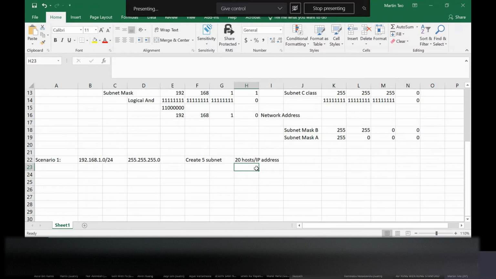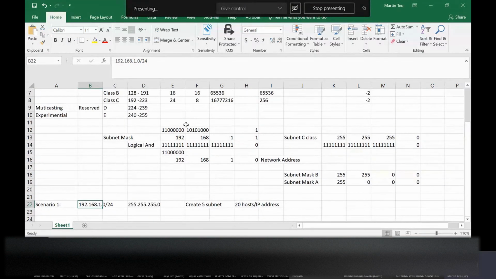So how do I determine if it's enough? From this IP address, I want to create 5 subnets. If you look at the bits from what we have, I know I'm doing something very manual. You can bring up your subnet calculator first and it will show you all the subnets already. But guys, in the exam we're working on a dummy terminal, we can't even have a calculator.